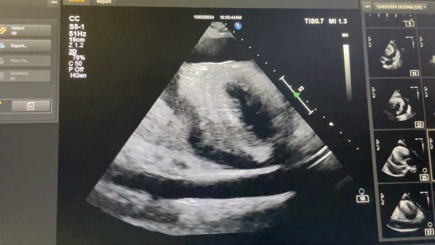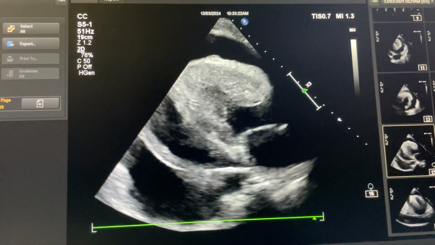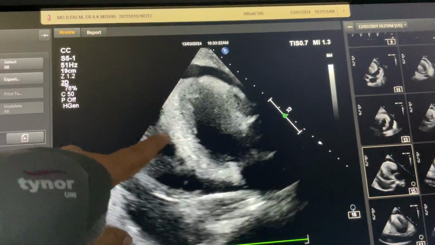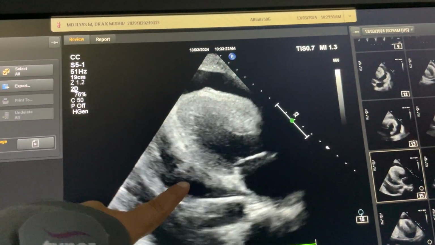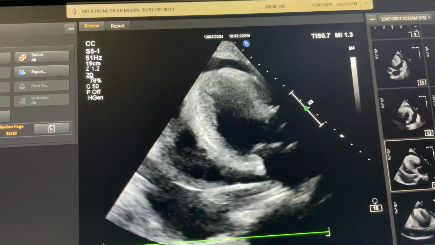So this case has both pleural effusion and pericardial effusion. You see the visceral pericardium is also very much thickened, and fibrin bands are quite frequent. So exudate nature of pericardial effusion is the likely finding in this case.